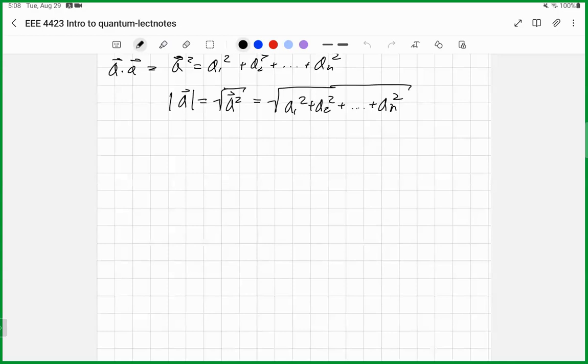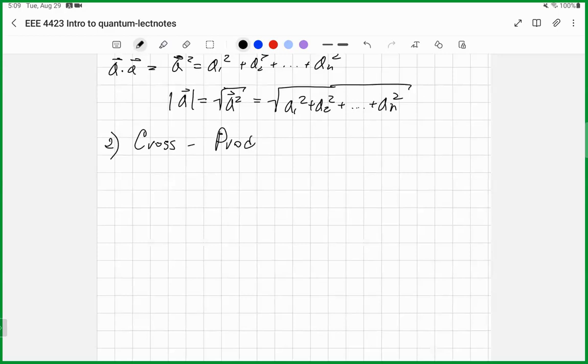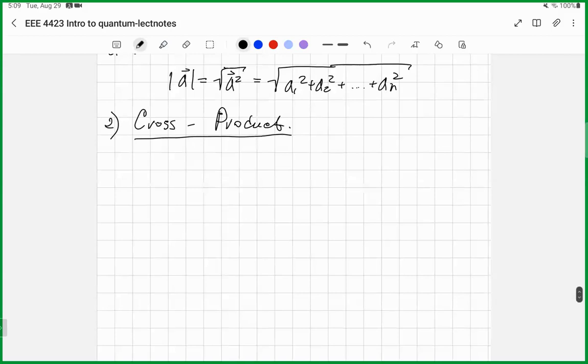Right, so this is what we discussed last time, and today we proceed with different vector operations, and the first one that I remind you is the cross product. We won't use this product much in this quantum course, but for the sake of completeness, I also want to discuss it here.